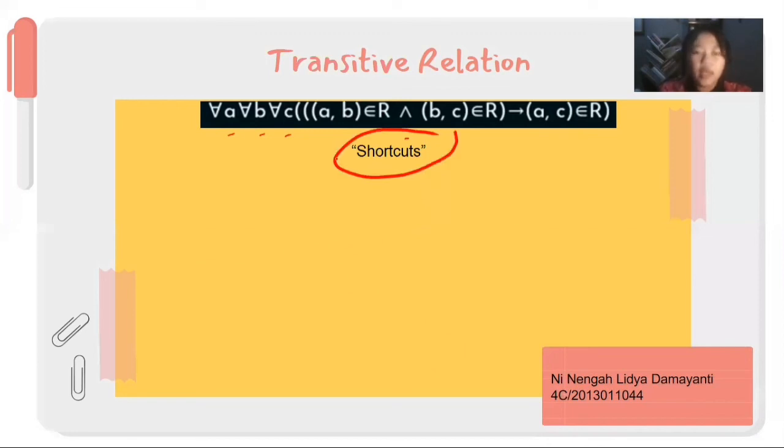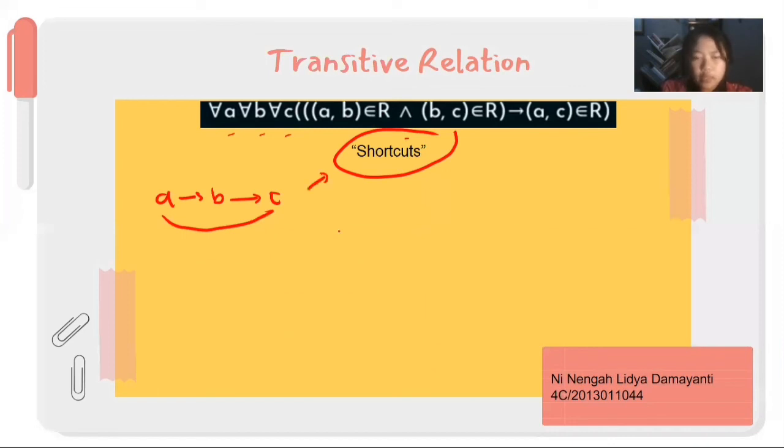If we have a relation from a to b and then b to c, we must have a relation from a to c. That's why it's called shortcut.